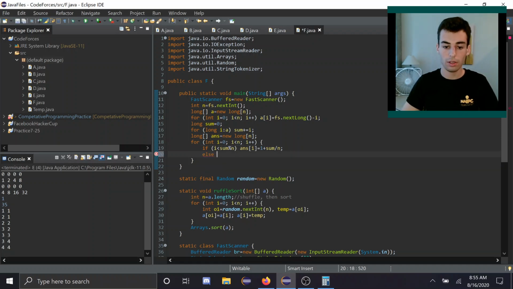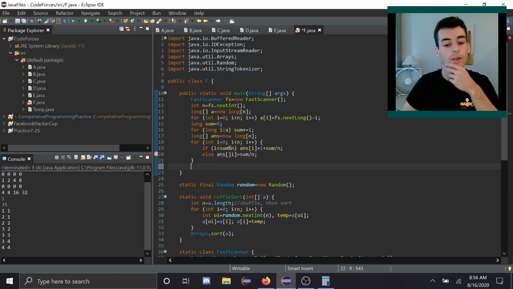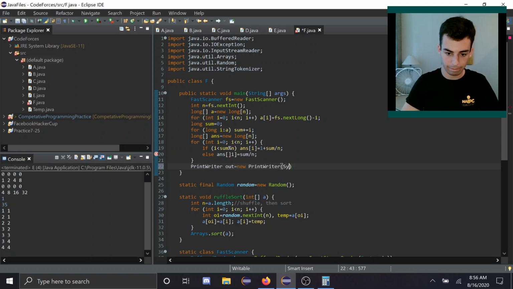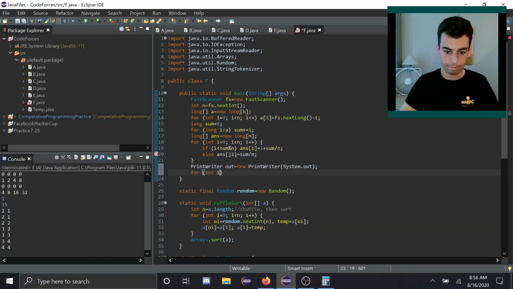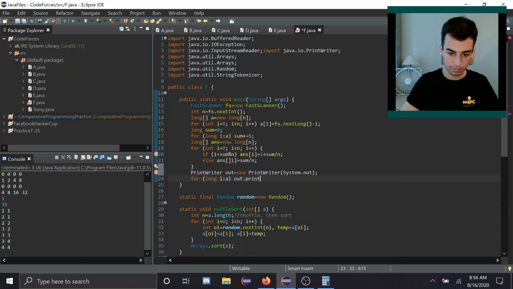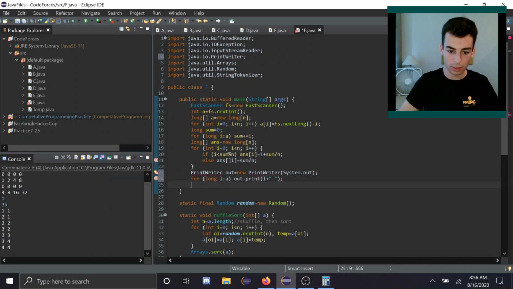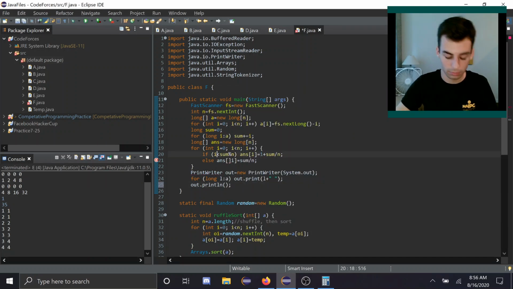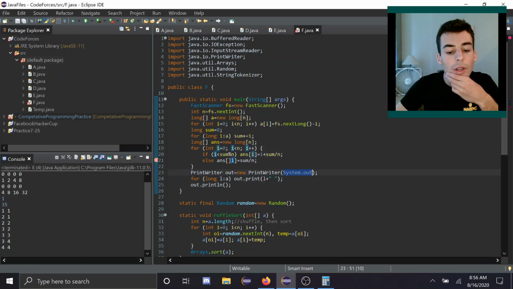Else ants at I equals sum over n. Yeah, I think so.